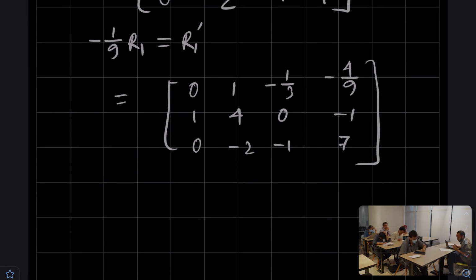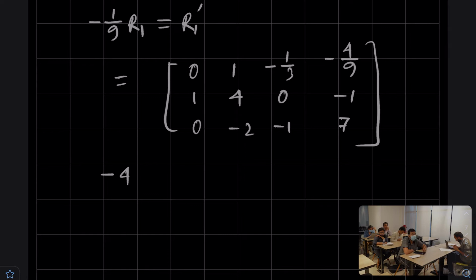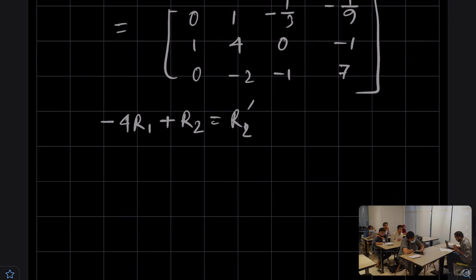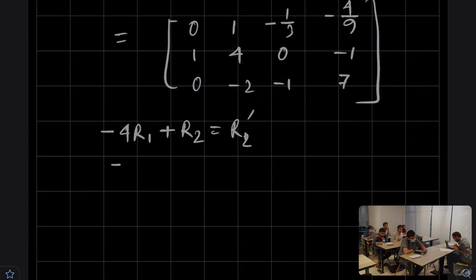Okay, now take again. So minus 4 R1 plus R2 equals R2 prime, and minus 2 R1 plus R3 equals R3 prime.